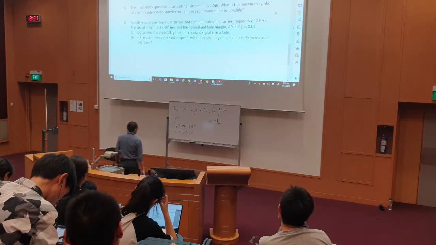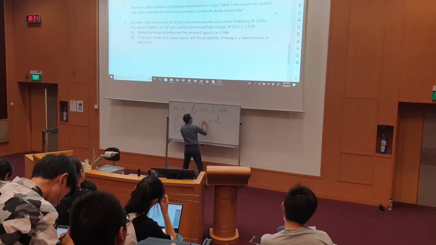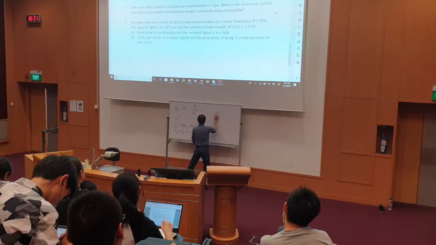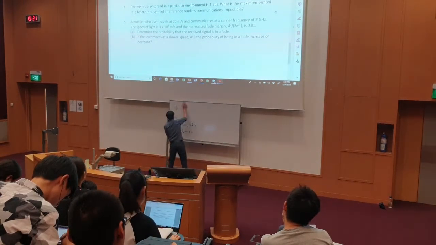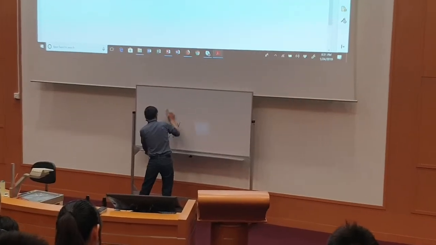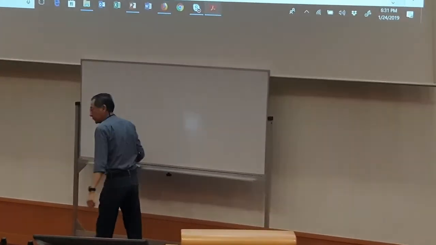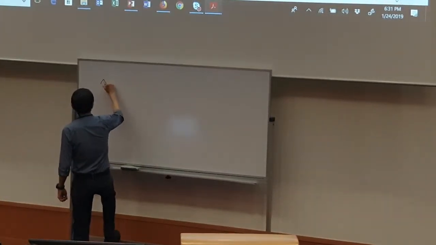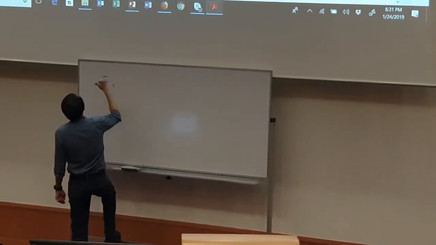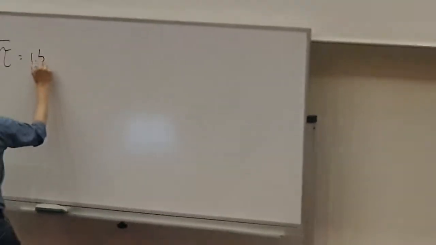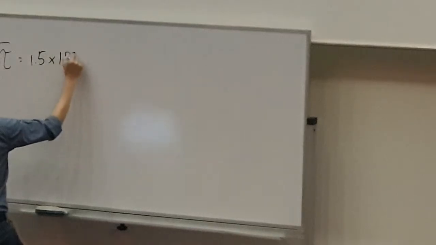So, we're given the mean delay spread, let me call it tau bar, is 1.5 times 10 to the minus 6.